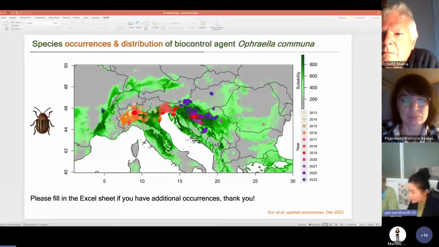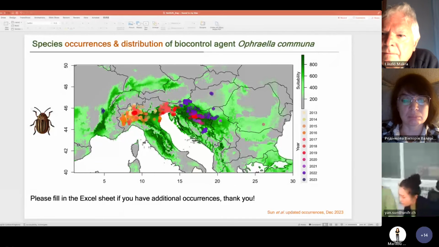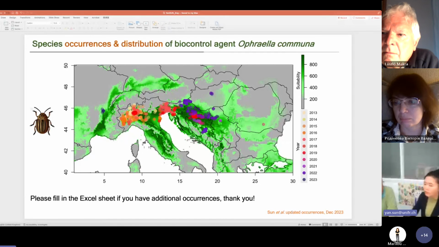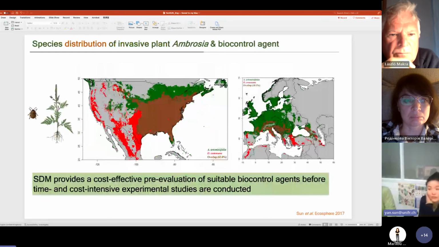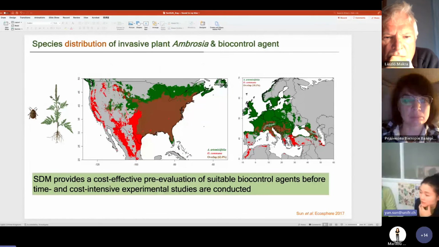Okay, I see another question: Ophraella and Ambrosia distributions do not coincide, so in Europe, if we introduce Ophraella to other terrestrial areas, what harm can it cause for other biota? That's a typical biocontrol safety risk and benefit question. I don't think this is something the model can predict.